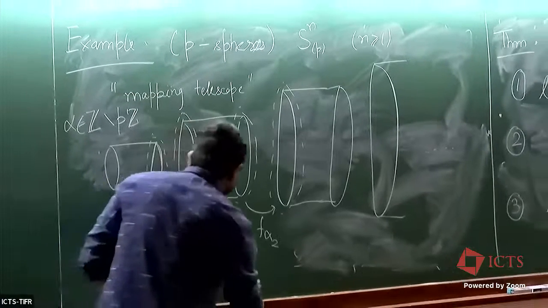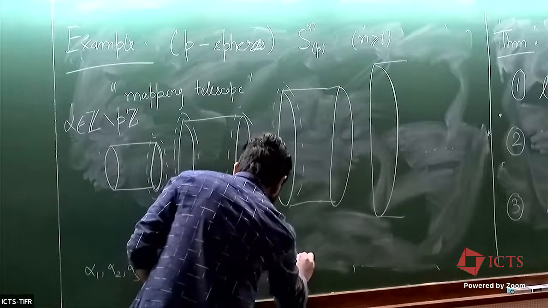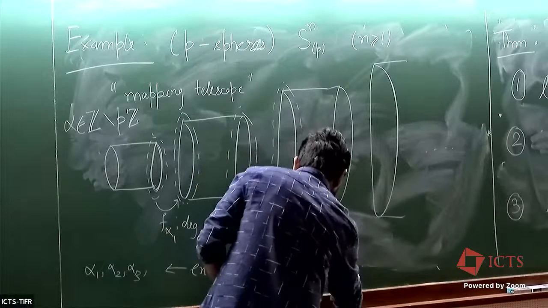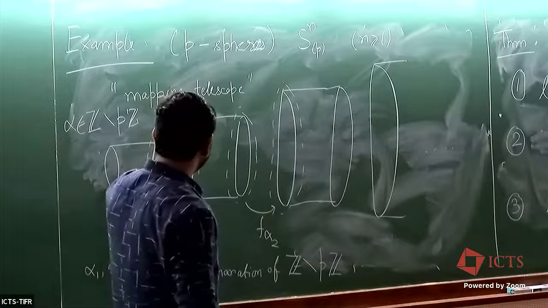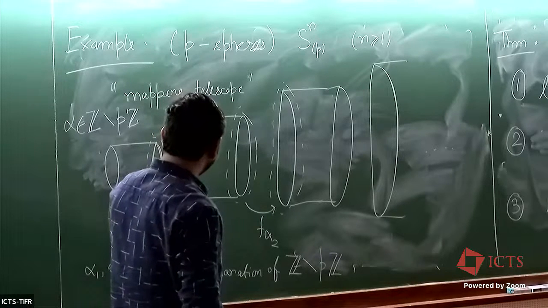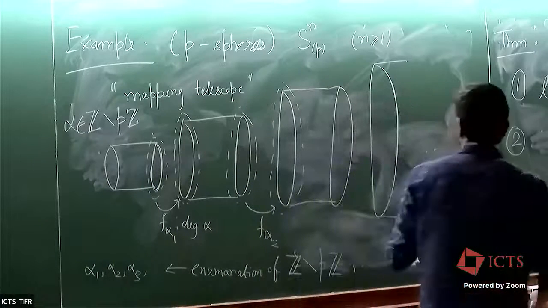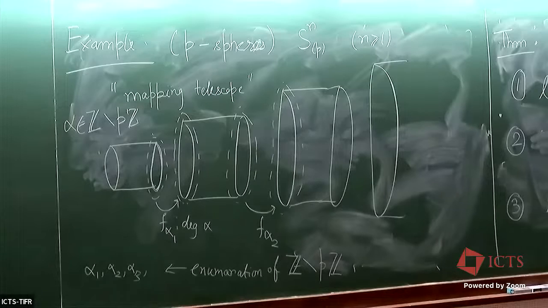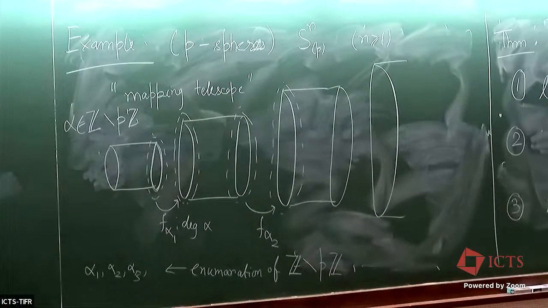This set is Z minus PZ. And then we take these cylinders and identify the boundary spheres by maps of degree alpha_i.